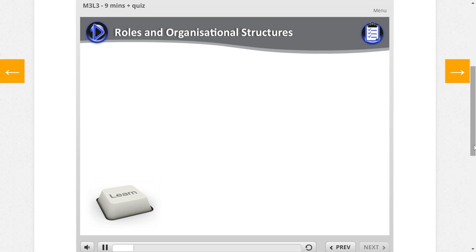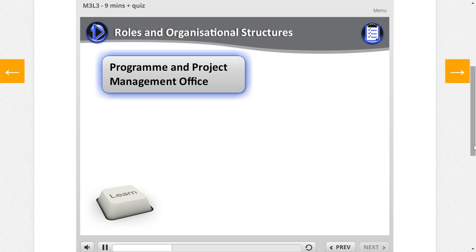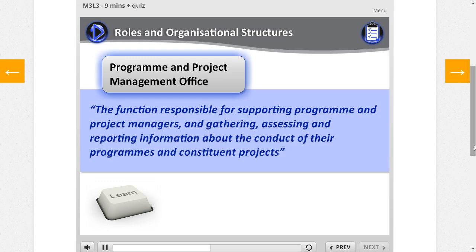Finally, some organizational structures are also functions, such as the Program and Project Management Office, which is described as the function responsible for supporting program and project managers and gathering, assessing, and reporting information about the conduct of their programs and constituent projects.